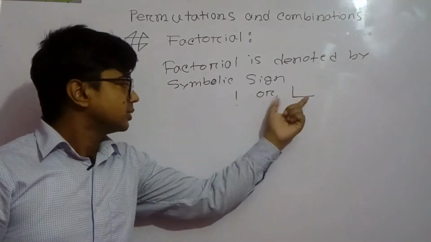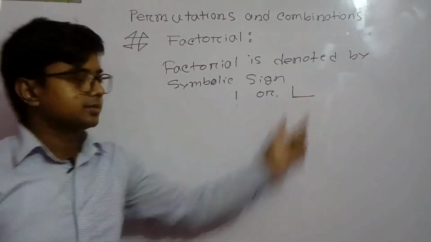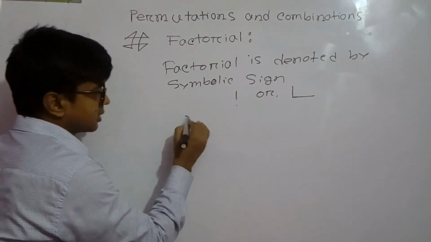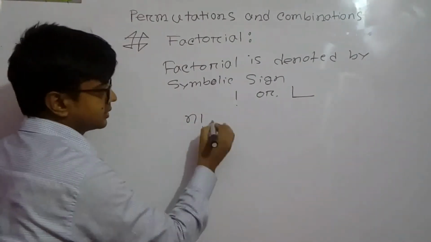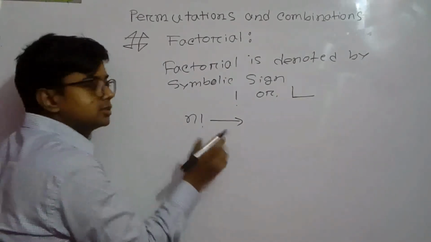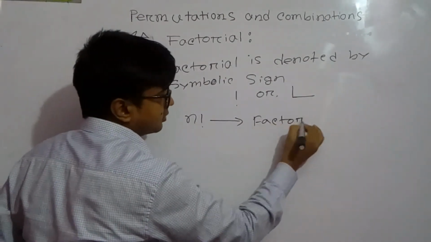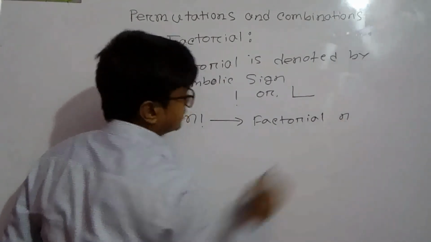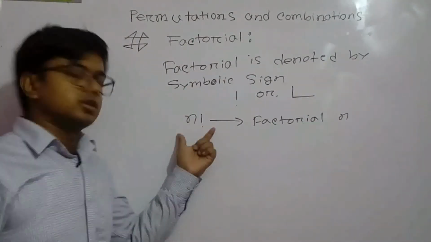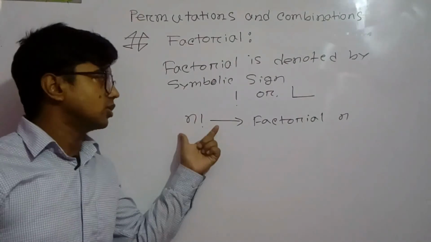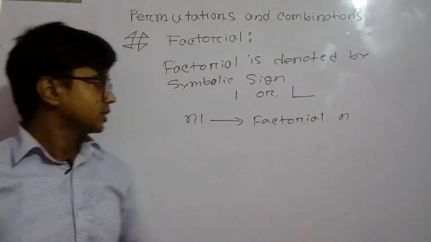This is called factorial. Suppose factorial n, it's called factorial n, not n factorial.